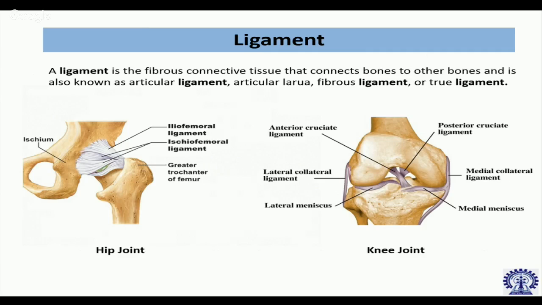Let us move to ligaments, which probably you all know very colloquially again. Ligaments are fibrous connective tissue that connects bone to other bones. So bone to bone. You can see here already, let us consider this. This is a knee joint.